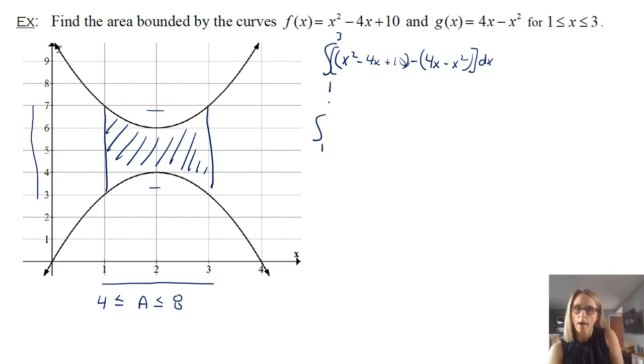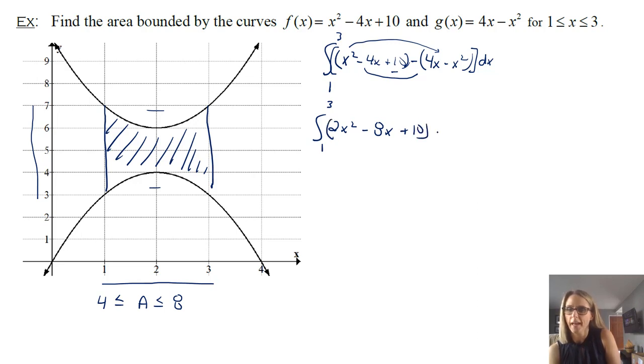Then I think the easiest thing is to simplify this. You're going to have x squared plus x squared to get 2x squared, because minus minus. You're going to have a minus 4x and then another minus 4x, so minus 8x. And then you have a plus 10, and nothing happens with that. So you can pull that out and have dx.